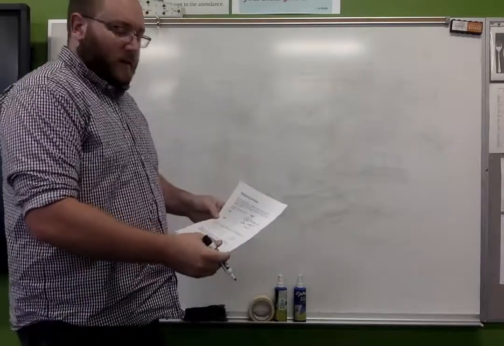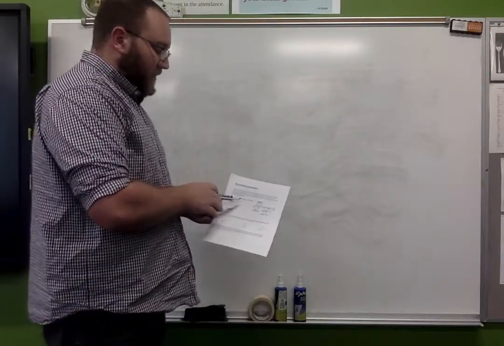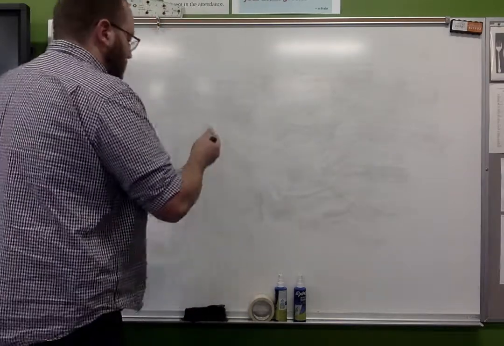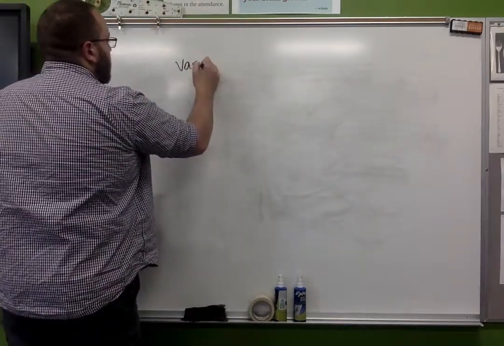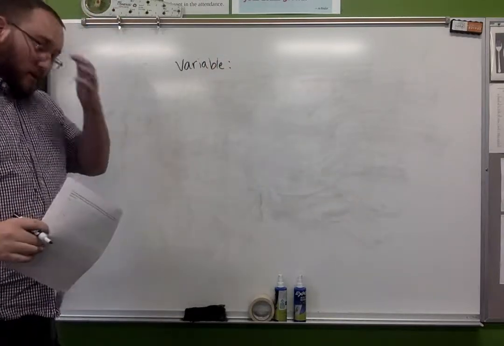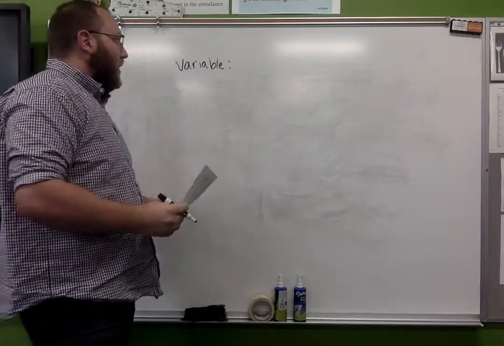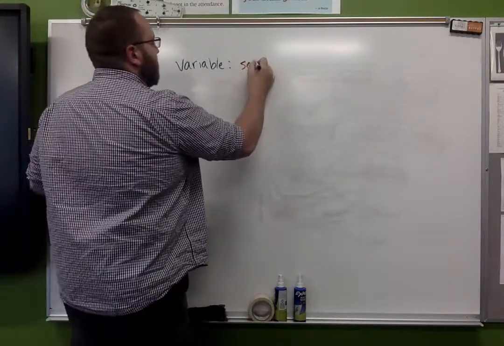The first thing on the guided notes is writing down definitions of variable and coefficient. So variable, if you've taken any kind of science class, and actually any kind of class in general, a variable is something that changes.